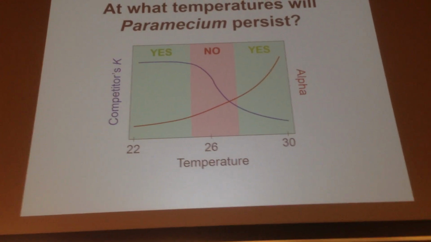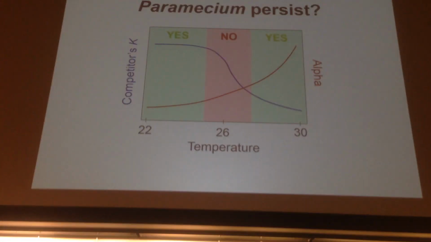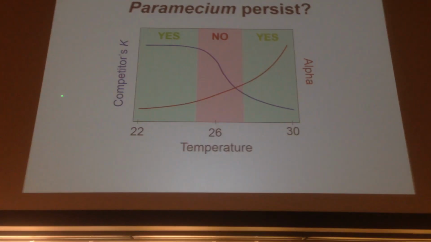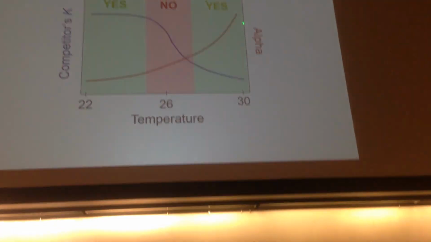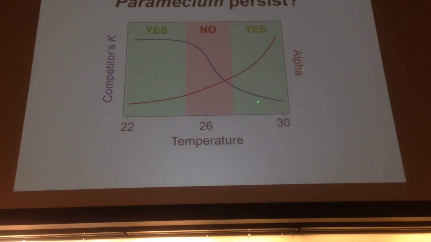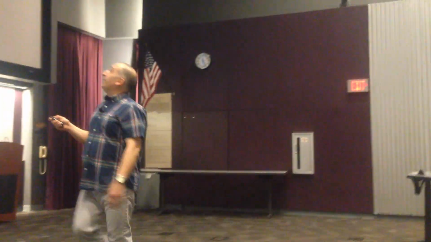So at that temperature, their resource needs aren't as overlapping with paramecium as they are at other temperatures. So it's like, yeah, there's a lot of them, but they're not that big a deal to worry about. Here, at high temperatures, they're very competitive, but there's not that many of them again, right? So it flip-flops. And so the product of these two is small enough that it's manageable for paramecium to persist.